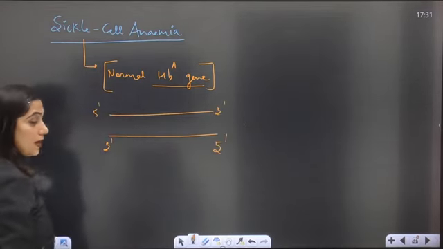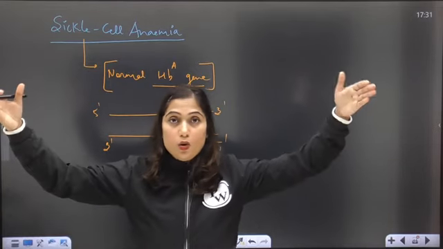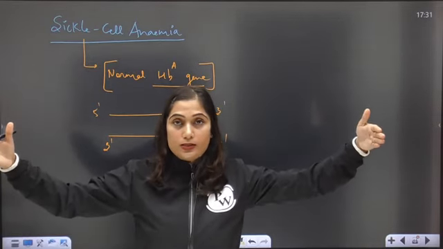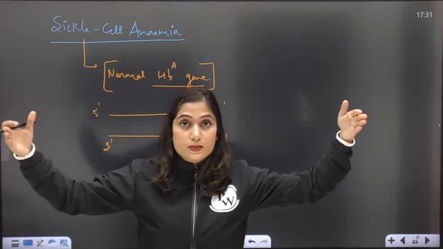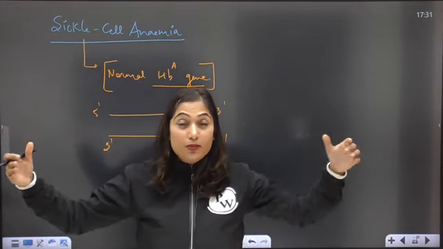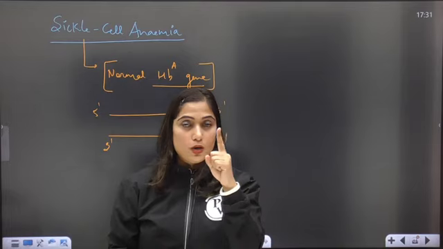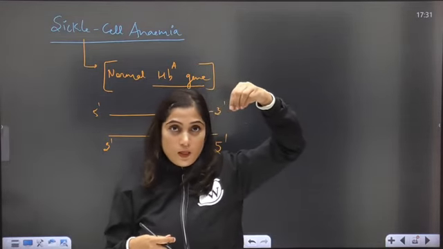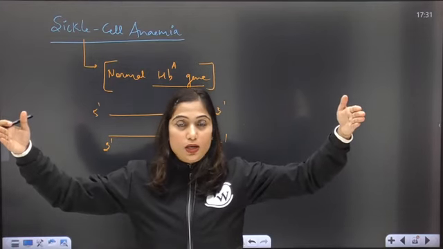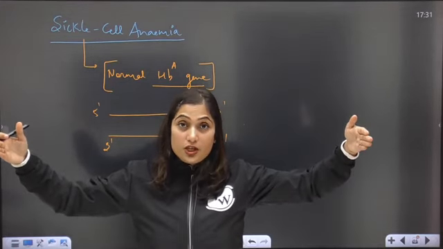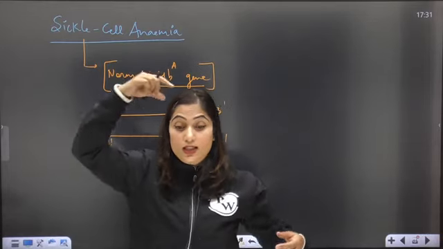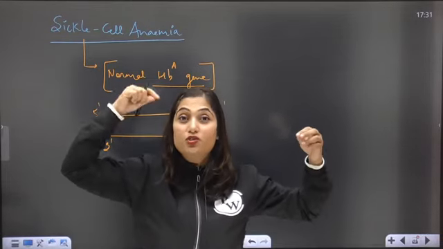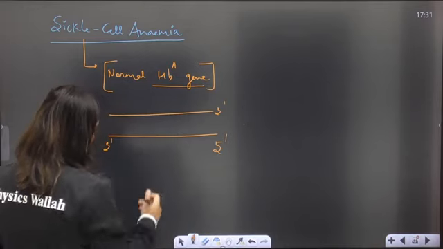This is the DNA, and the whole gene which controls the formation of the beta chain is a big gene, right? I am taking only the one codon of that big gene where the change occurs. So let's focus on that codon.